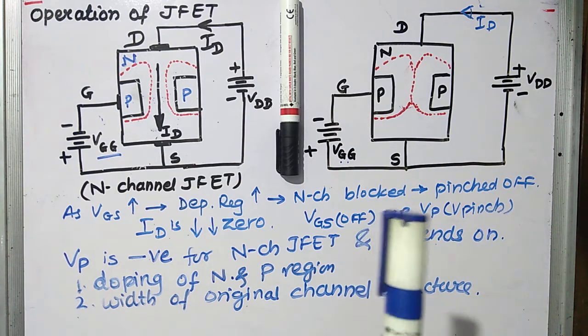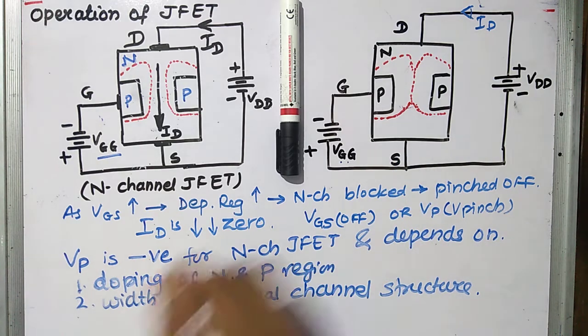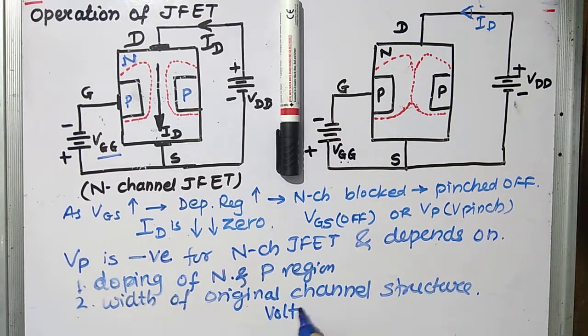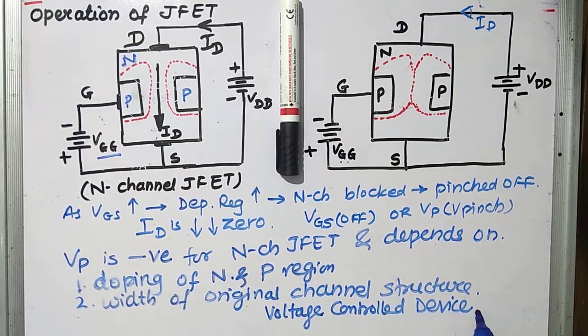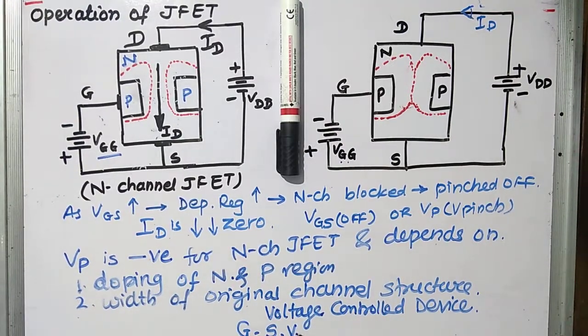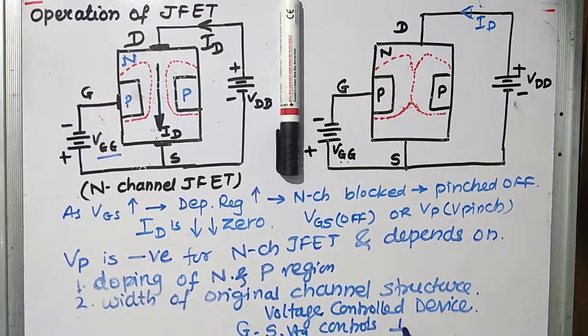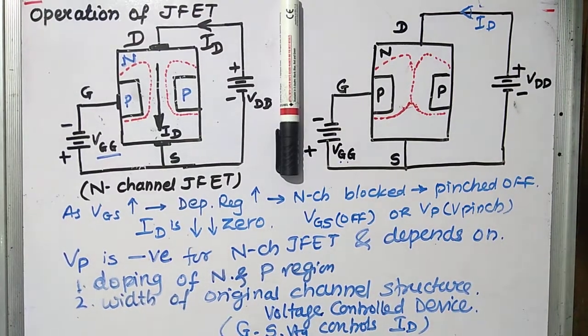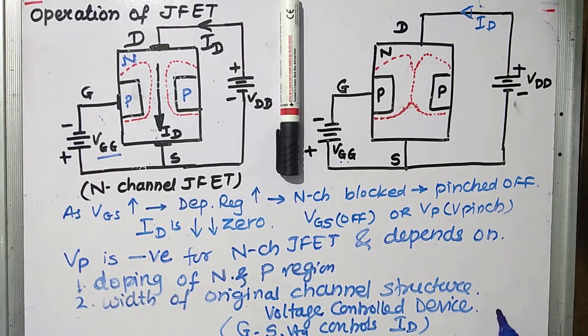Hence we say that the JFET is a voltage controlled device. Which voltage? Gate to source voltage controls the output drain current, and hence JFET is a voltage controlled device. So this is all about the operation of JFET.